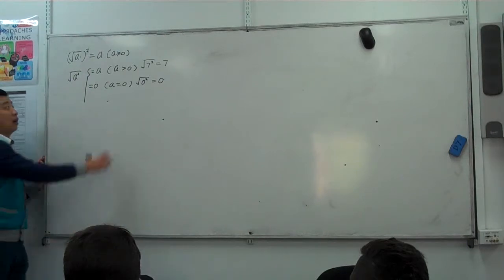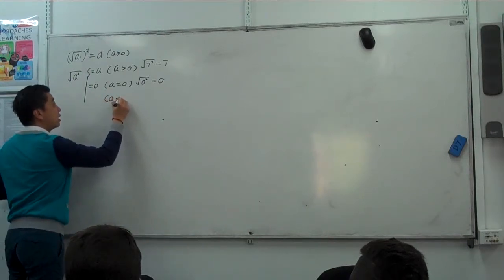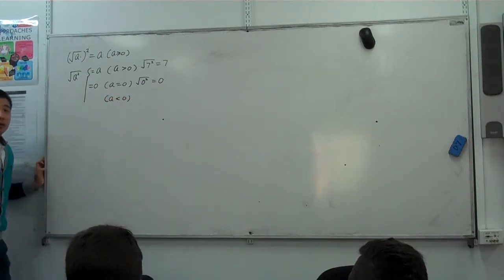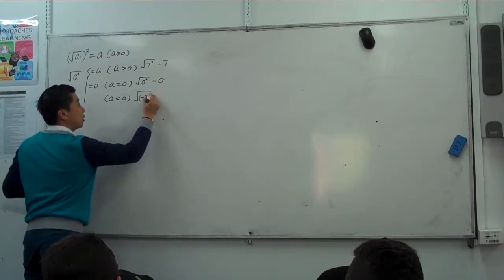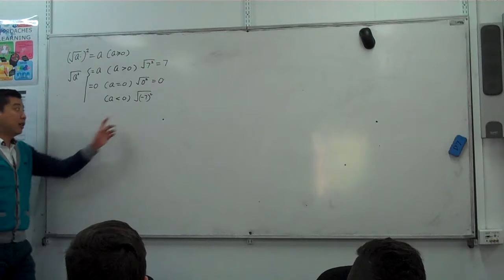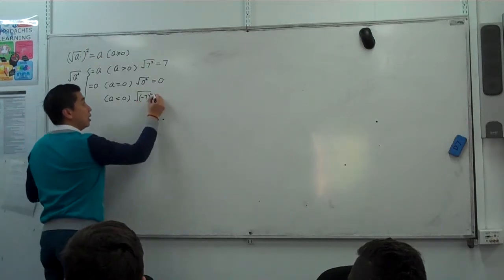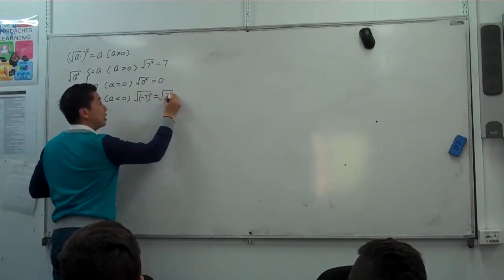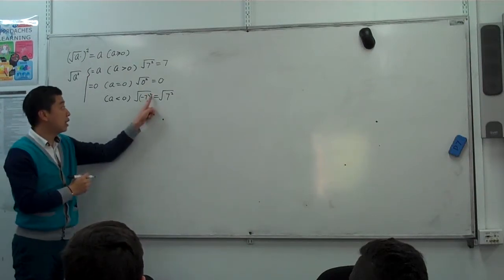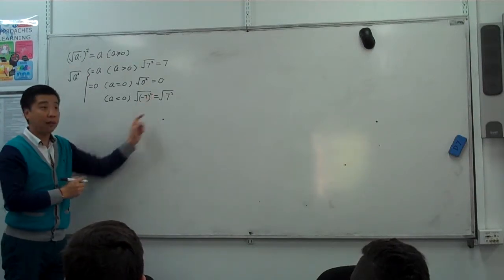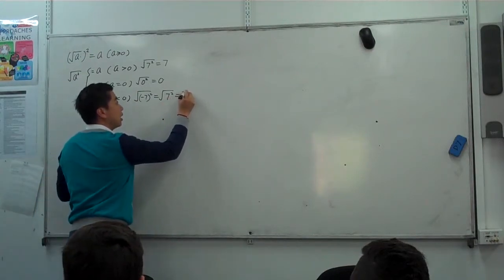Okay. Now the last one is if a is less than 0, which means if a is negative 7 squared. So negative 7 squared, is that equal to positive 7 squared? Are they the same? Yes, because that is an even number. So they are the same. So that equals 7.